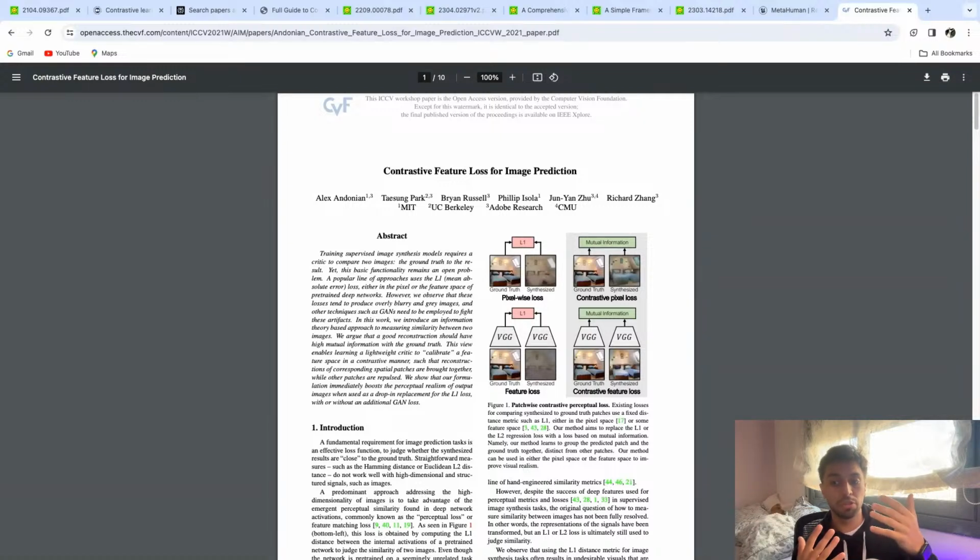But with contrastive loss we can really measure how it's working. So all of this that I am talking about is because we really need the contrastive feature loss to improve our model.